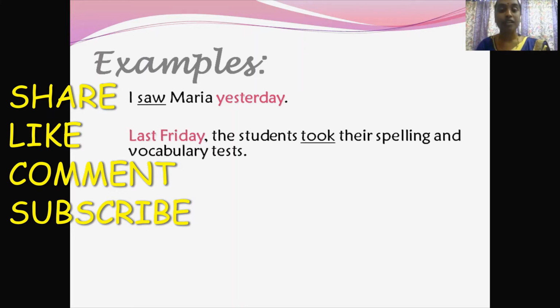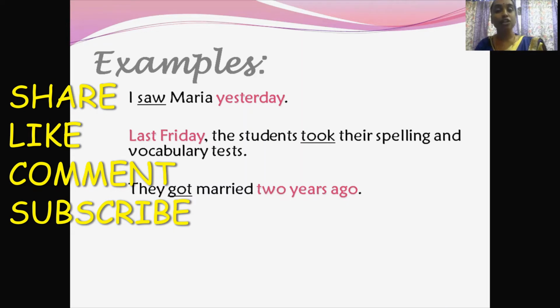The next example is: last Friday, the students took their spelling and vocabulary tests. Last Friday is again a signal word for simple past tense. They got married 2 years ago.